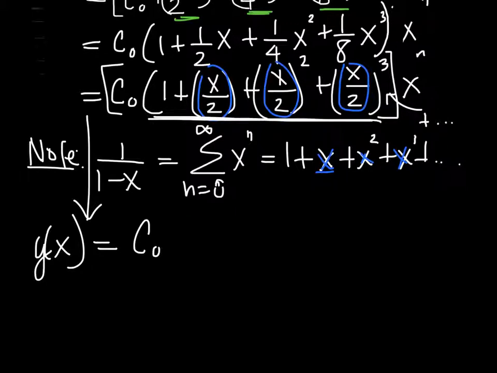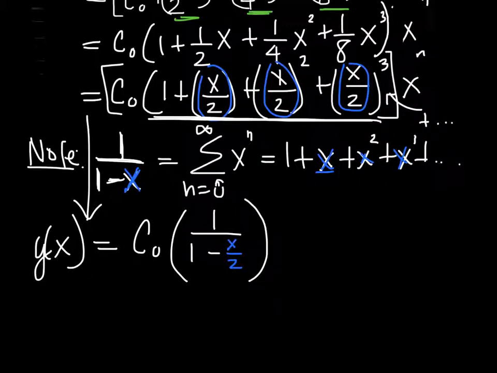But all of this is really 1 over 1 minus, so it's not 1 over 1 minus x, though it could be x, but in this case, we have x over 2. Okay, so we wrote this in terms of our geometric series, 1 over 1 minus x.